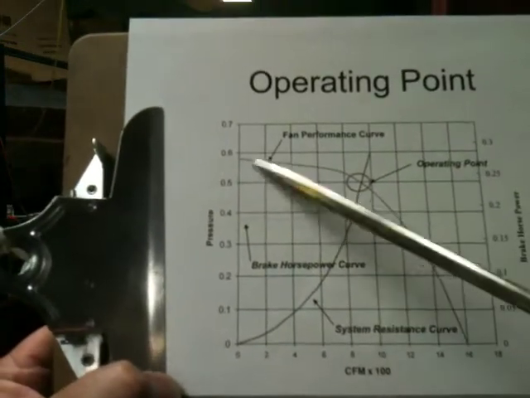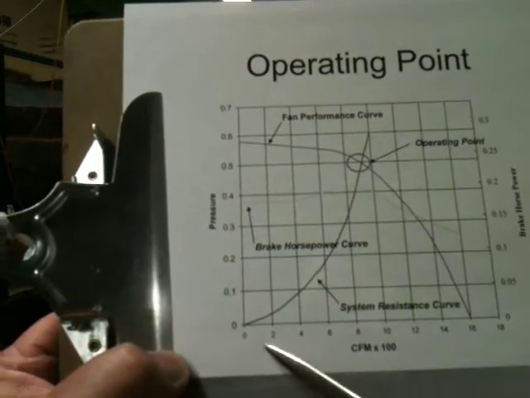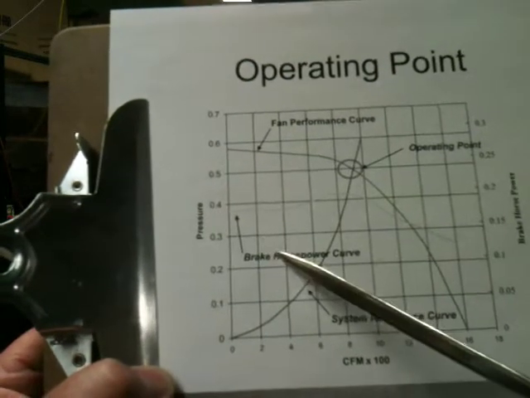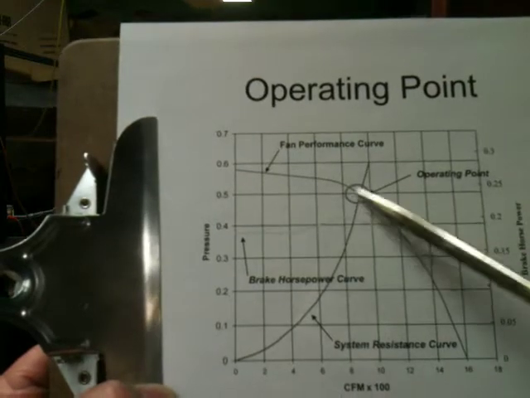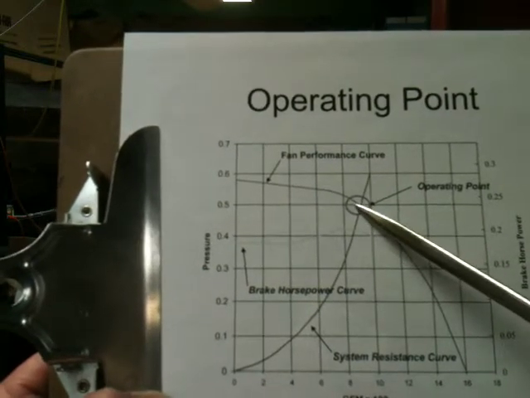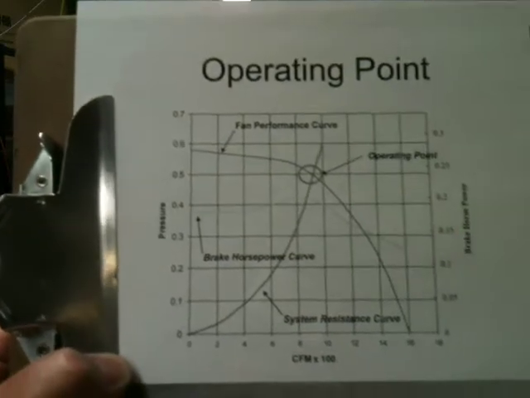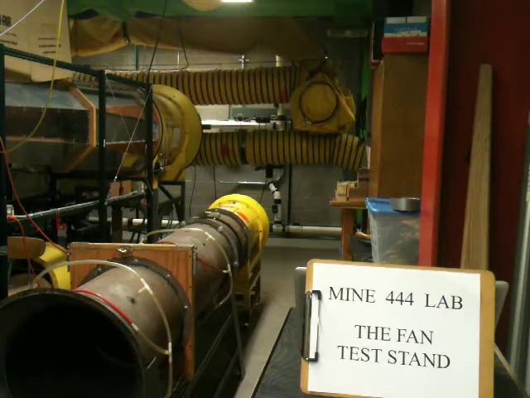Here is our fan performance curve that we looked at first, and here is our airway resistance curve that we looked at. Just ignore this plot. And here is our operating point. At this point, the pressure in the fan matches the resistance in the airway, and that determines our unique flow rate Q. Hopefully that's a good review for you.